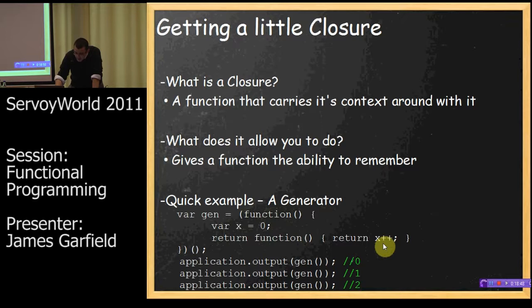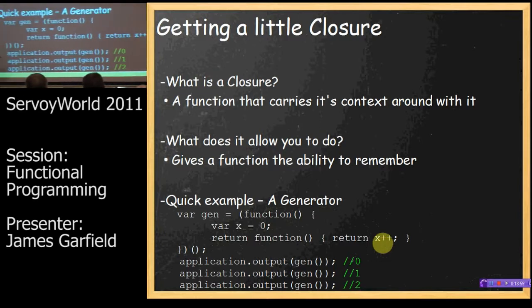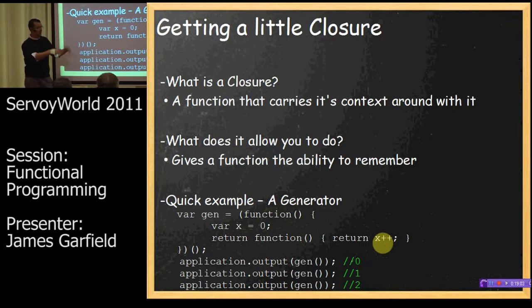This outer function, the one that returns the function, I define it, and then with the parentheses, I immediately call it. So it's kind of a throwaway function whose only purpose was to create this and return this with its kind of encapsulated scope. And we've returned it into the variable gen.